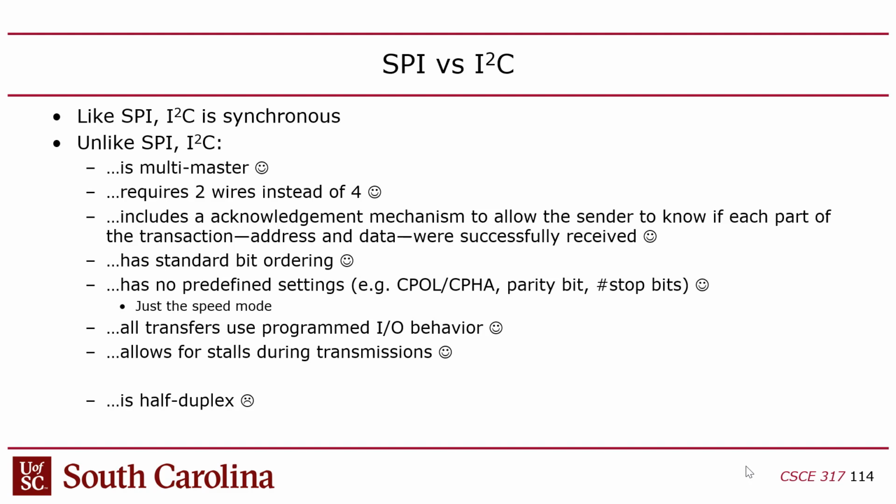Also, it doesn't have any of that CPOL and CPHA stuff, or you don't have to have channel settings. There are some channel settings, but it's not like SPI where the timing information is actually part of the settings, or UART where you have to agree on the speed, and all transfers use this programmed I/O behavior, or the read or write transactions.